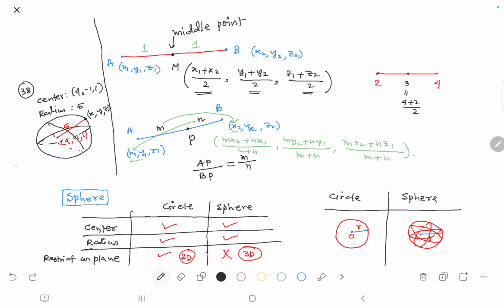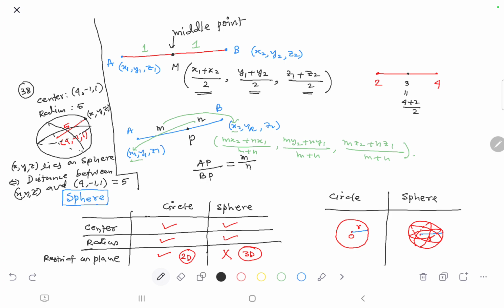Then (x, y, z) lies on the sphere if and only if, what is the condition? The distance between (x, y, z) and the point (4, -1, 1) will be 5.